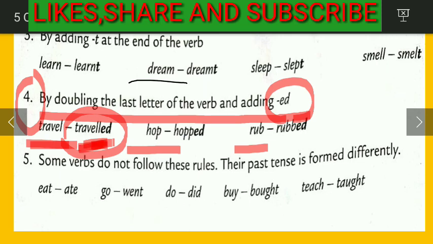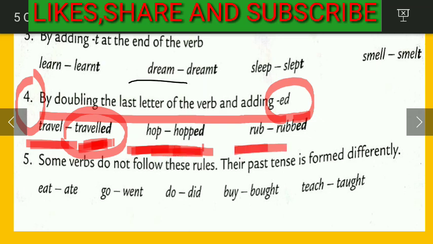Then here also you can see hope, HOP, and here we are doubling the last letter of the given verb. That one is P. We have to write double P here. Then after that we have to add ed to the given word.